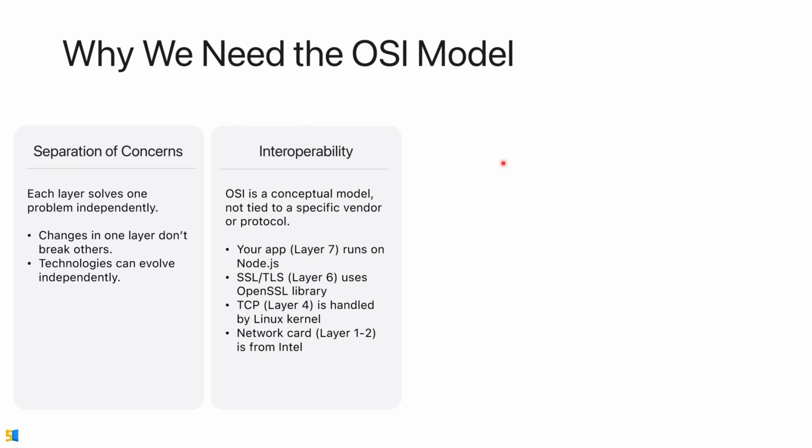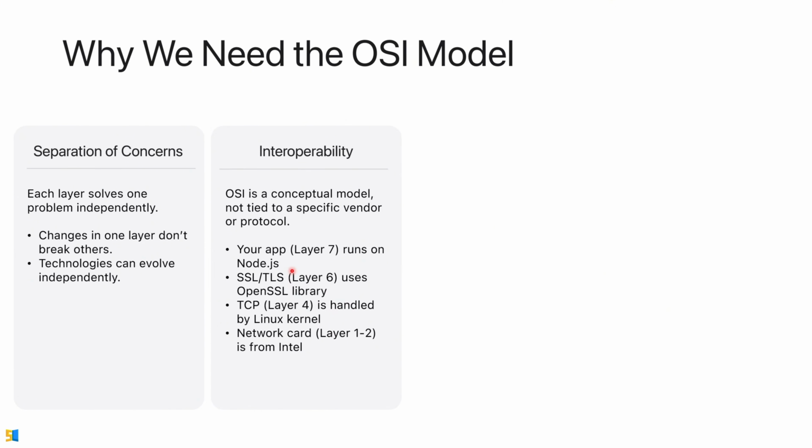Next, interoperability, right? OSI is a conceptual model not tied to a specific vendor or protocol. It means our app can run in any programming language. If we use TLS, we can use any kind of library.